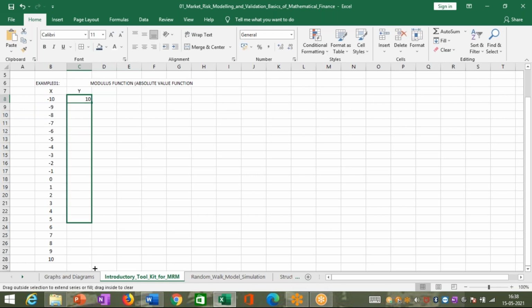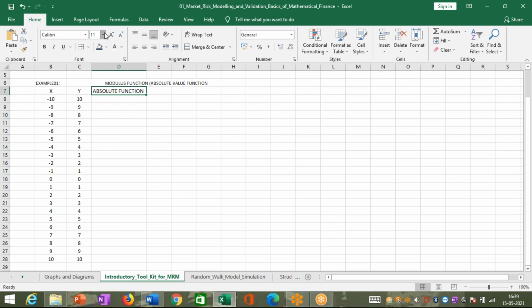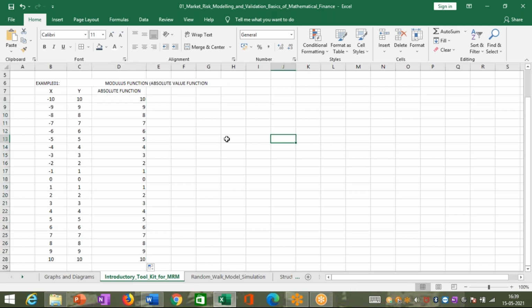So now the moment I do this, what I'll do is I'll use the absolute function in Excel. Right.